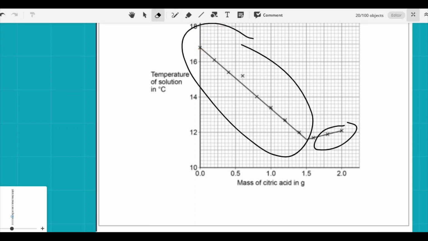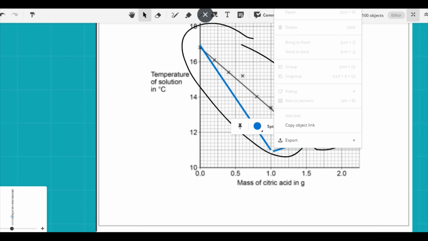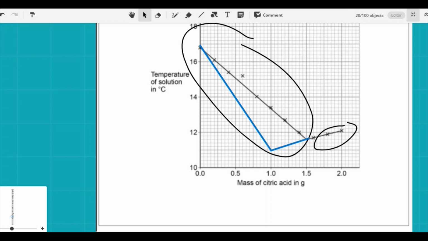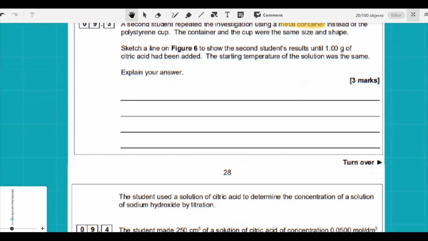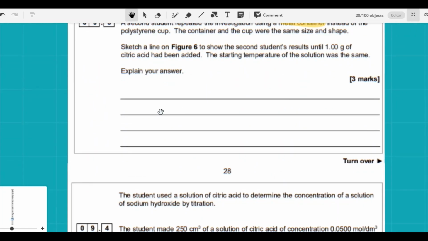Okay, let me use the exact one like this. Okay, and then there will be, like you can see, an increase in the temperature taking place. Okay, so you can write here, explain your answer.